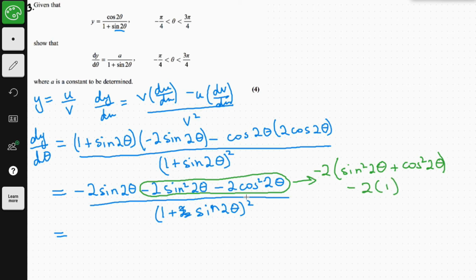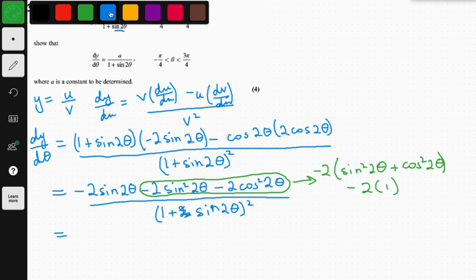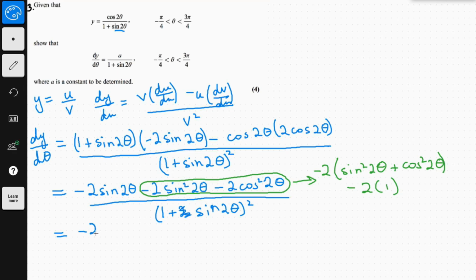That's why this term equals negative 2. So what we get is negative 2 sine 2 theta minus 2, all divided by 1 plus sine 2 theta whole squared.